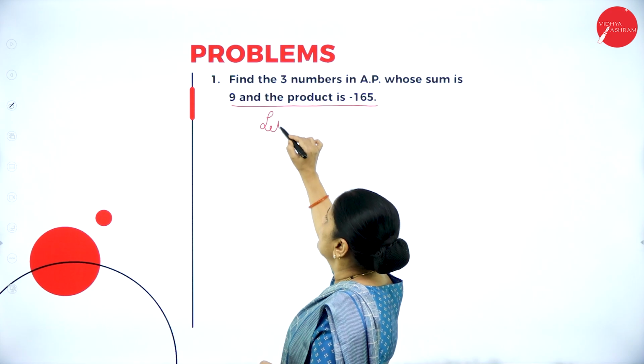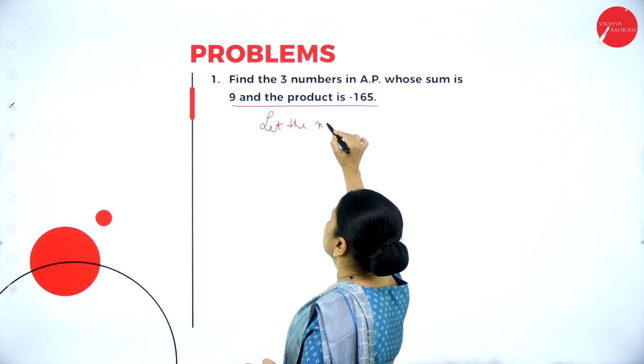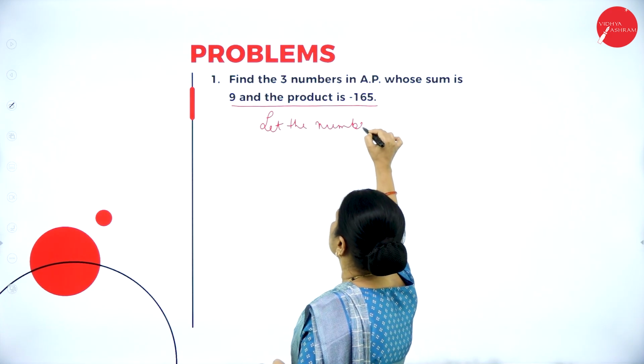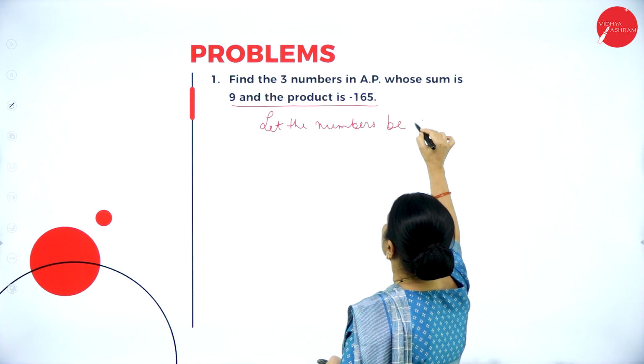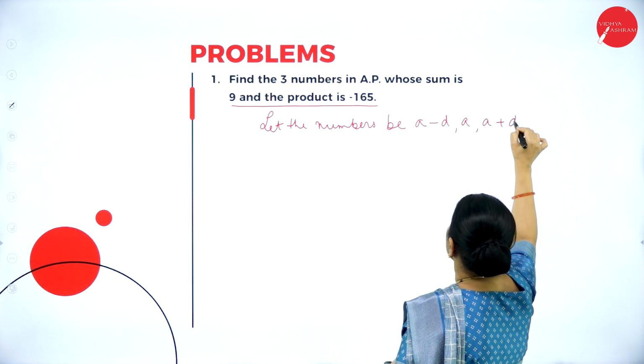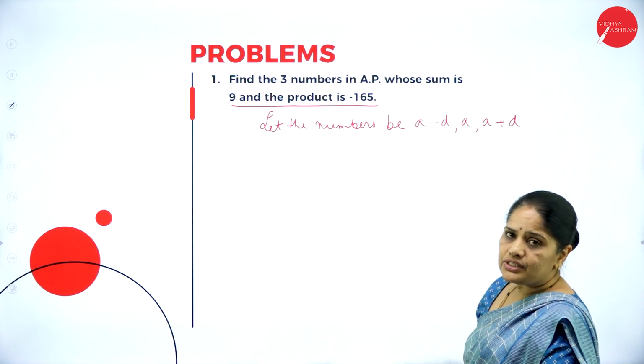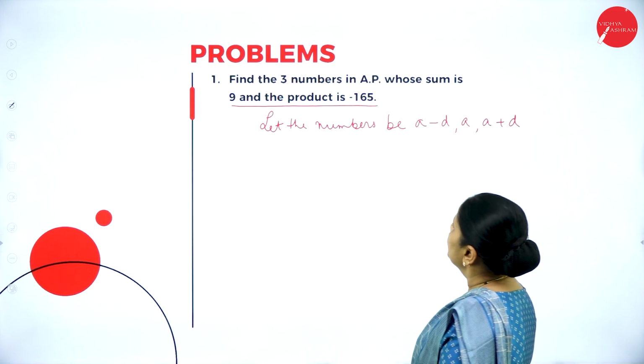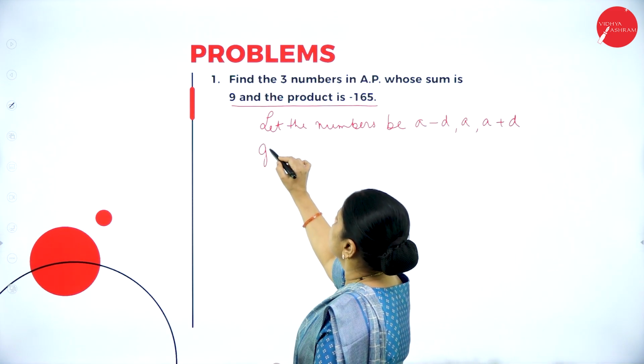Now, let the numbers be A minus D, A, A plus D. So, we'll assume the numbers in the standard form. Now, what is given?